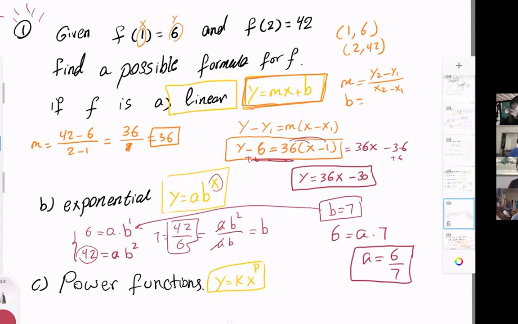So we solved for a and b. The final answer will be y equal to 6 over 7 multiplied by 7 to the power of x.